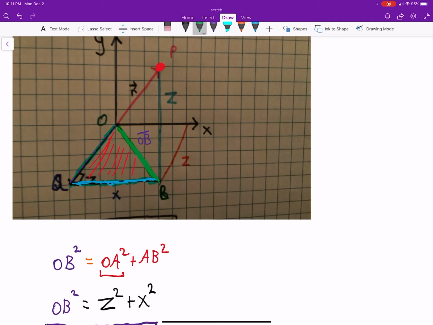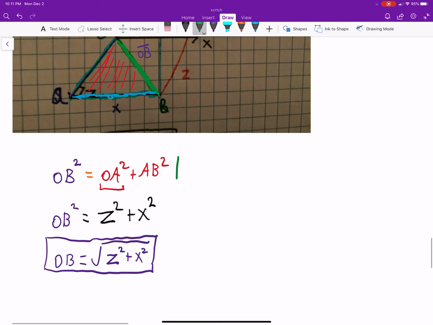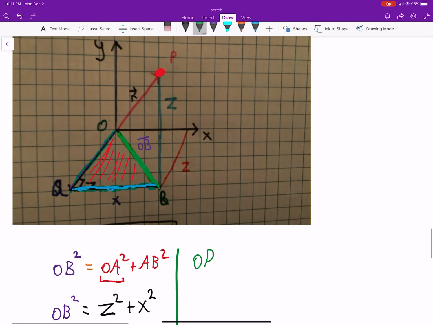That's going to be important because, in a sense, what we have is another right triangle. Now, what we really want to know is OP, from the origin to the point. That's the point that we're interested in. But if you look, we really have another triangle right here, don't we?